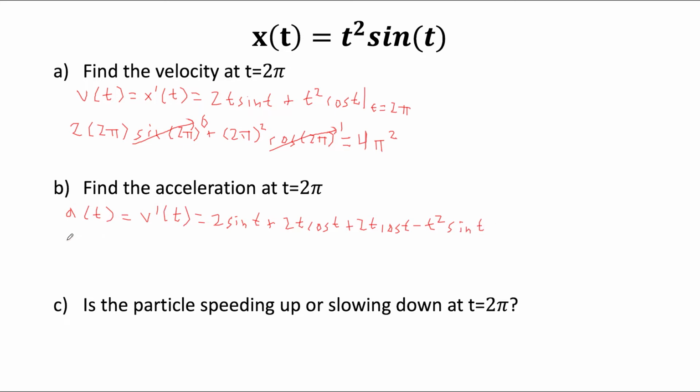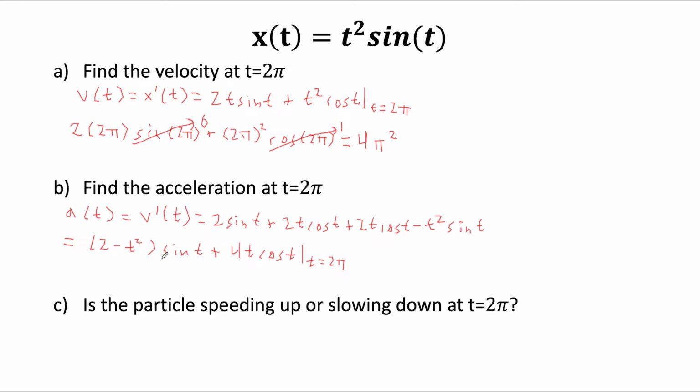And this can be simplified quite a bit by grouping like terms. So we have (2 minus t squared) sine t plus 4t cosine t, evaluated at t equals 2 pi.